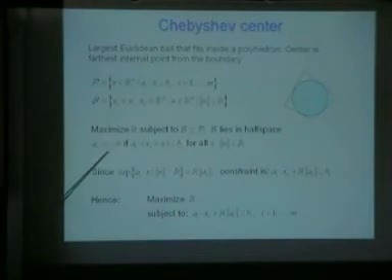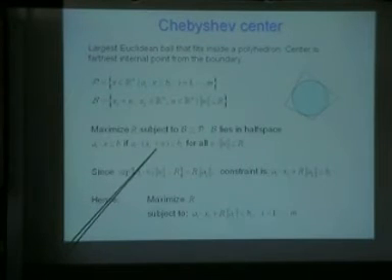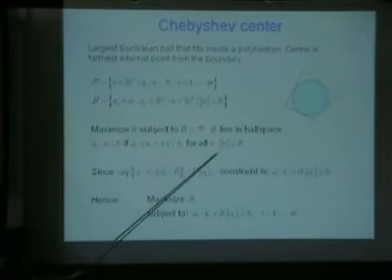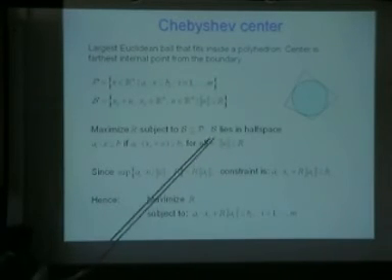Because these are constraints. And that's true if this is the case. Just plug in x, which sweeps out the ball. So this will be true for all u inside the ball.